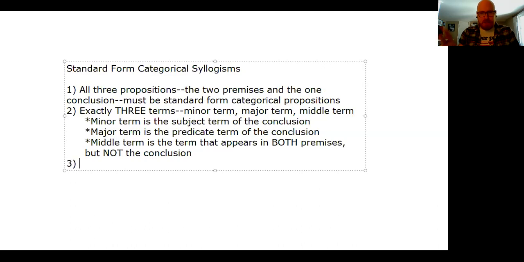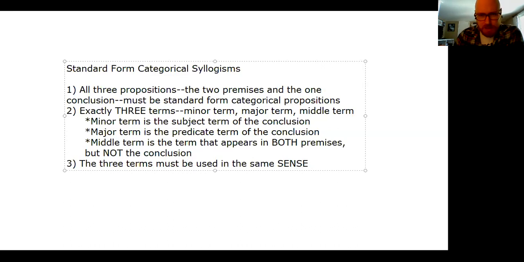Now, this is a semantical issue, an issue with semantics: the three terms must be used in the same sense. This has to do with ambiguity in language.